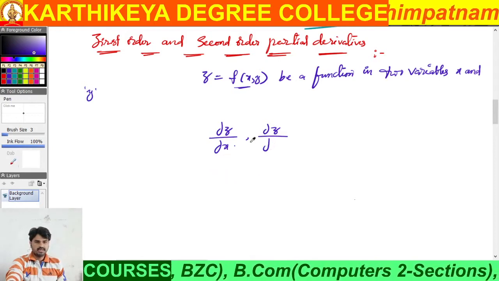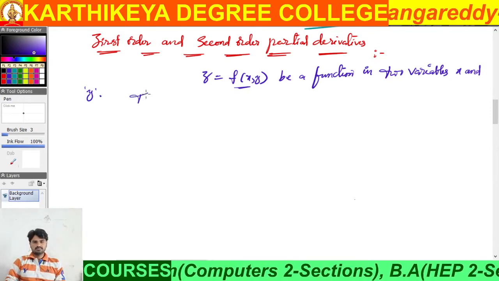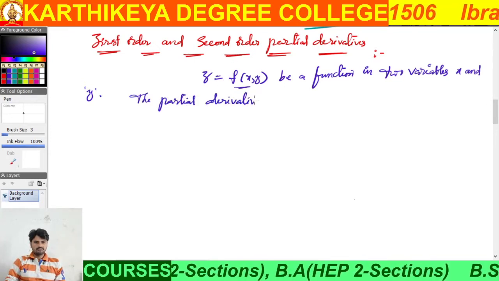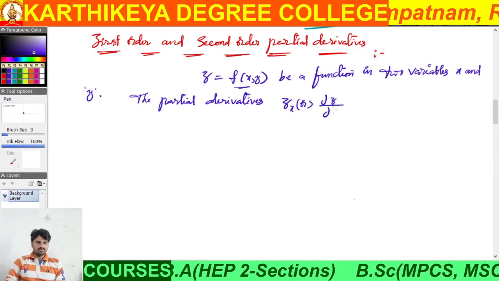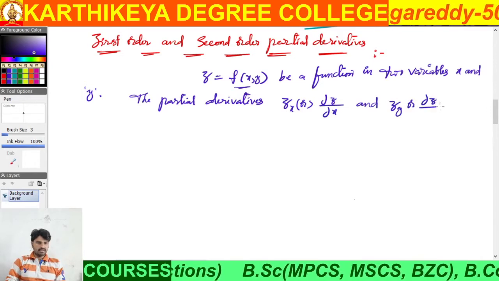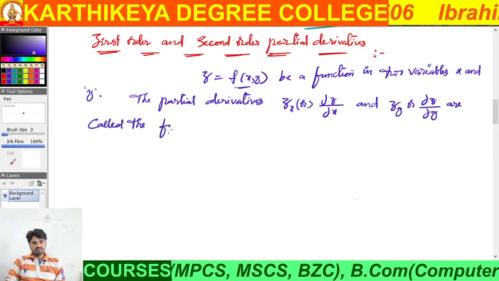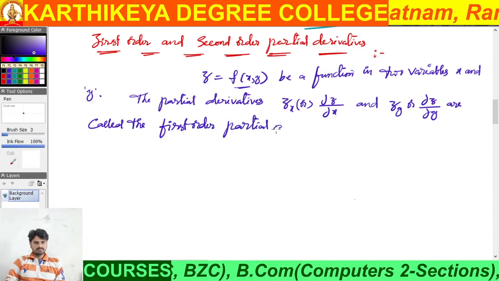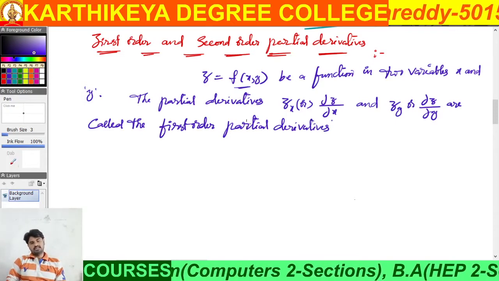So let's write here, the partial derivatives z at x or dou z by dou x and z at y, which can be written as dou z by dou y, are called the first order partial derivatives. First order means one time differentiation with either of the variables.